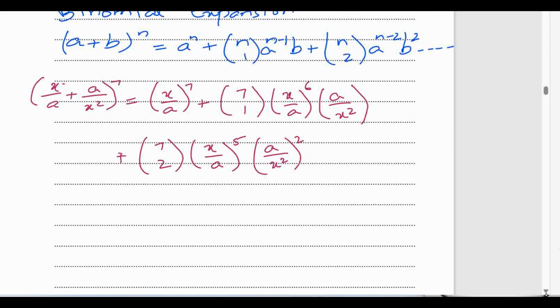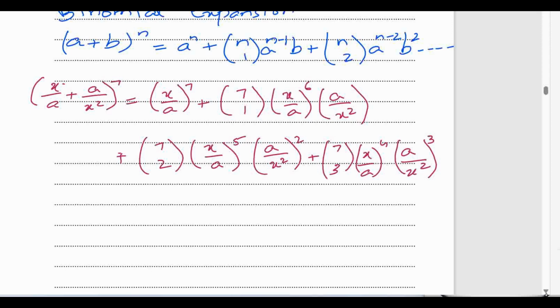Okay, let me do it further. So 7C3 (x/a)^(7-3), which is 4, then (a/x^2)^3.